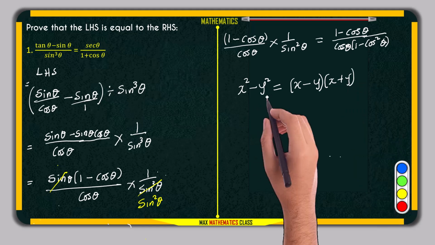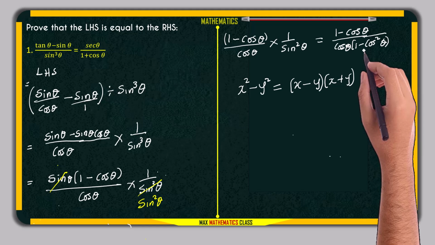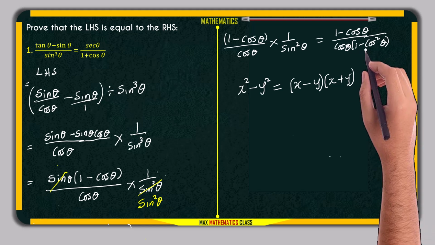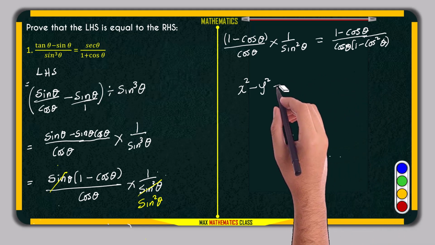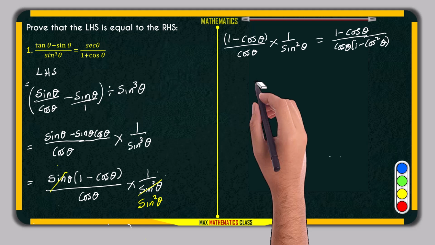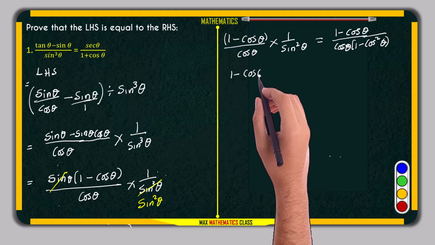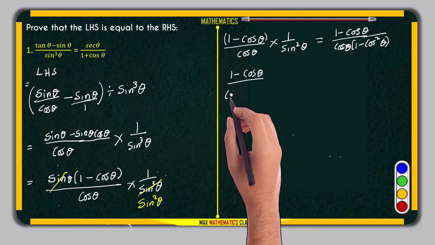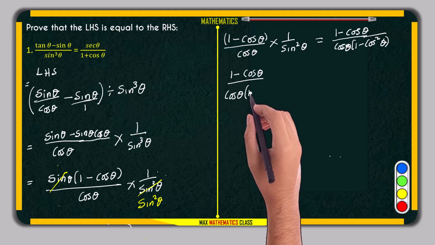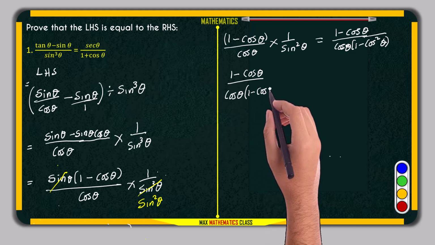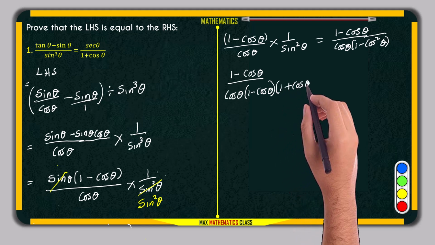So this is the factorization of this. Now the same thing is applicable to what we have inside the bracket here. So we are going to expand that denominator into this formula. So we now have 1 minus cos theta over cos theta times 1 minus cos theta times 1 plus cos theta.